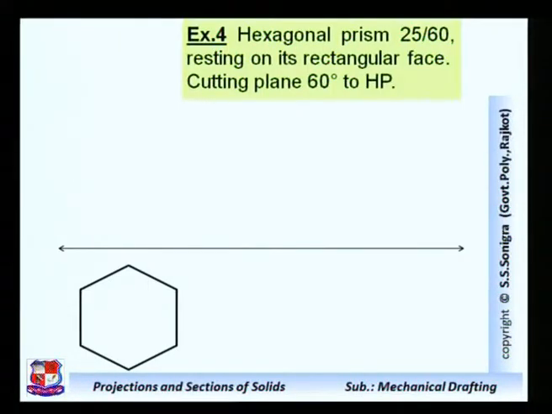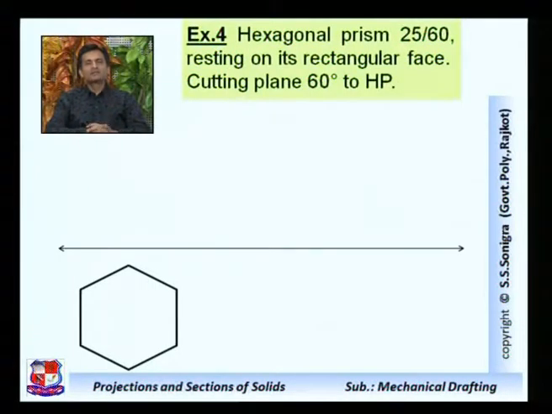So which case should be taken over here? Here in the second step, it is given that it is lying on its rectangular face. As we know, a hexagonal prism has 2 hexagonal faces and 6 rectangular faces. It is resting on its rectangular face. So first this case should be drawn.